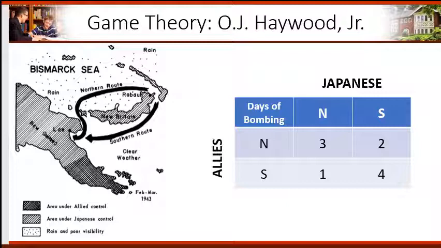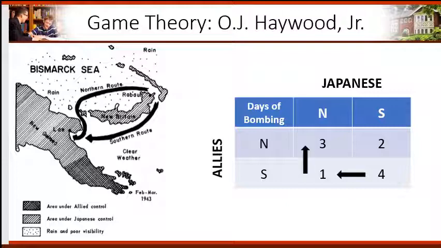Again, let's consider starting from that number 4 slot, the bottom right. Well, here, as we said, the Allies are choosing the bottom row of the table. And it's better for the Japanese to choose the left column of the bottom row, right? They're a minimizing player, and 1 day of bombing is better than 4 days of bombing.